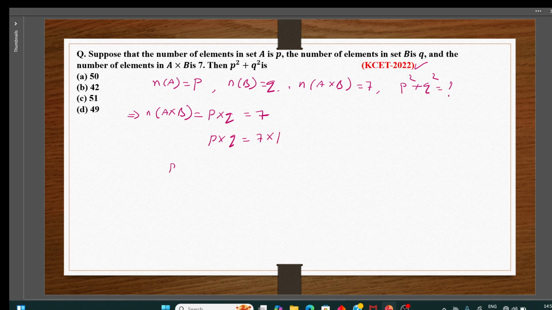From this we get P = 7, Q = 1. So P square plus Q square is 7 square plus 1 square, which is 49 plus 1, equals 50. 50 is the answer. Option A is the correct answer. Clear? Next.